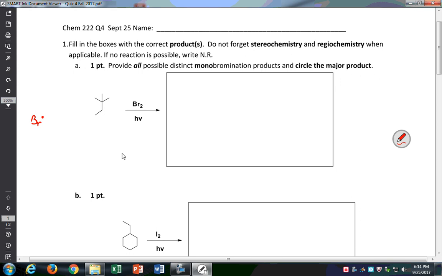So we don't have a hydrogen here, so we can't get a bromination in that position. But we do have a hydrogen in all our other positions. So again, all of our answers are going to have the same amount of carbons.